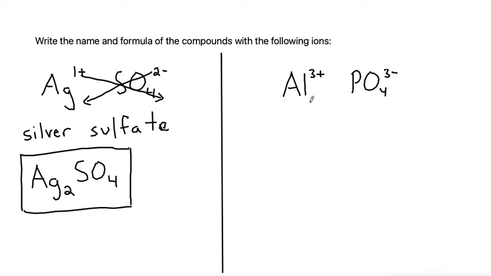Okay, so that's the first one. For this next example, we have Al 3 plus with PO4 3 minus. So again, we can name it. If we look on the periodic table, Al is aluminum, and it only has one charge option of 3 plus, so we don't have to use a Roman numeral, aluminum.